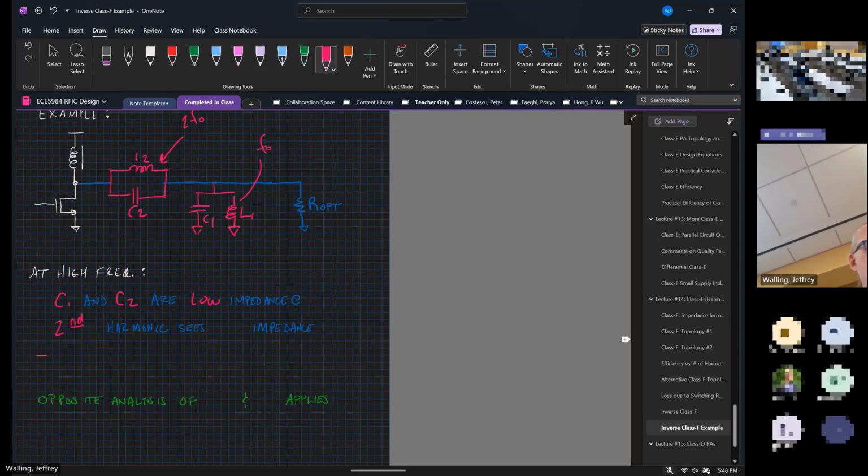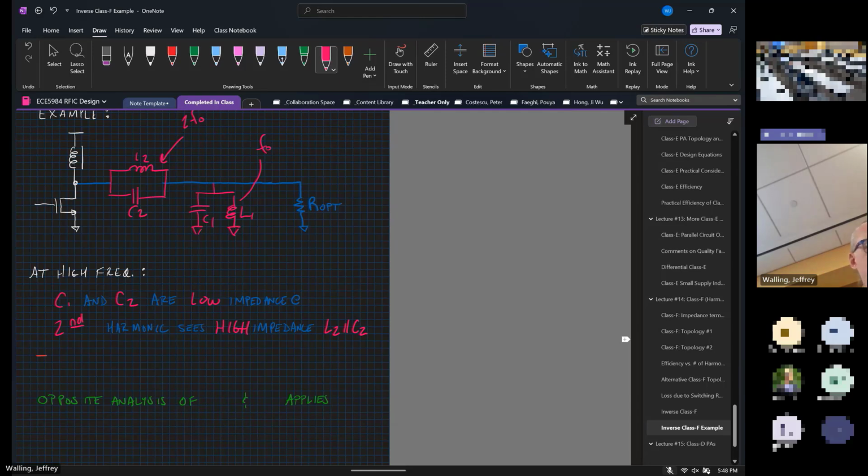And the second harmonic sees a high impedance due to the parallel resonance between L2 and C2. So looking into L2, C2, we see that parallel resonant network. So at the first even harmonic, I should say the second harmonic, the first multiple, we see high impedance. Everywhere else we see a low impedance.